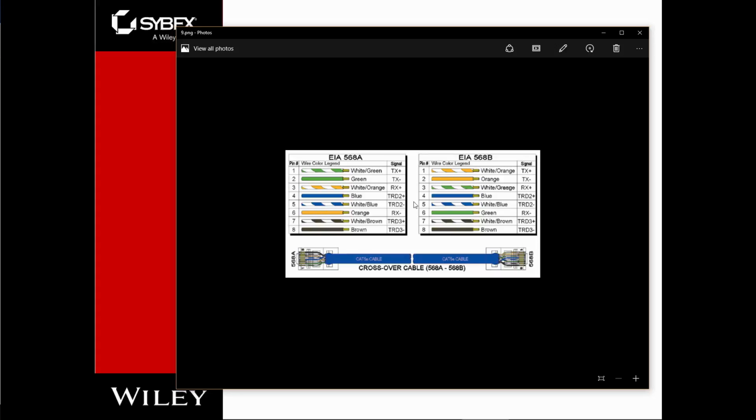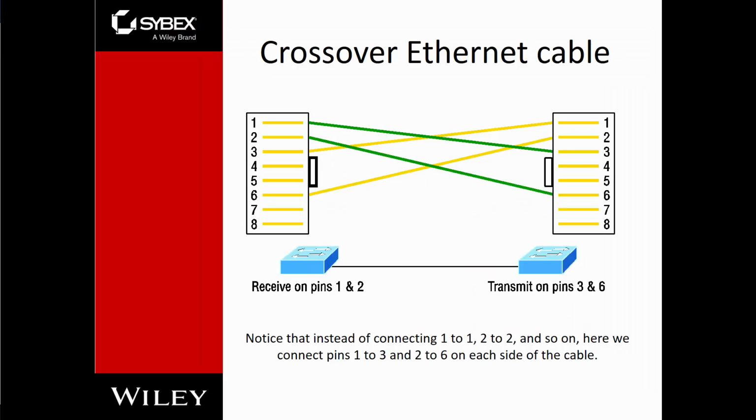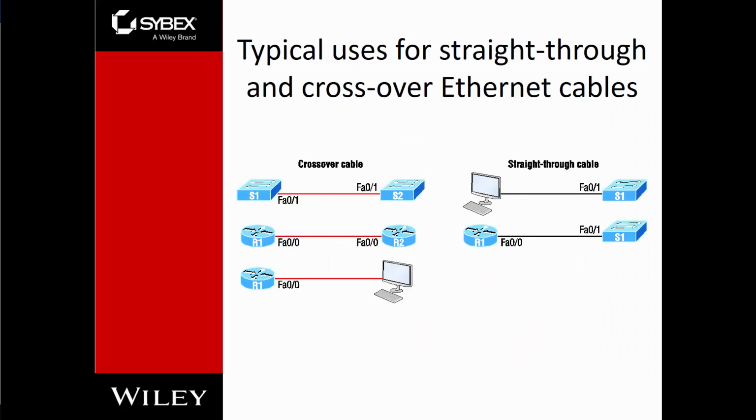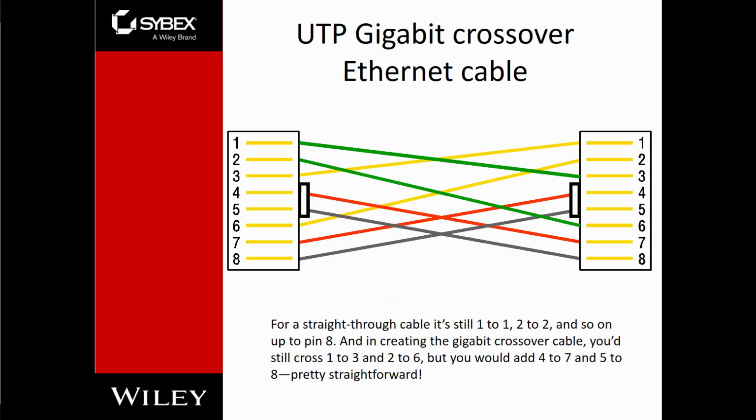We switch these pairs. People don't normally notice that color pattern shift in the TIA 568A and 568B standard, so I wanted to point that out. Alright, so again, typical use for a crossover: like devices. Straight through: not like devices.